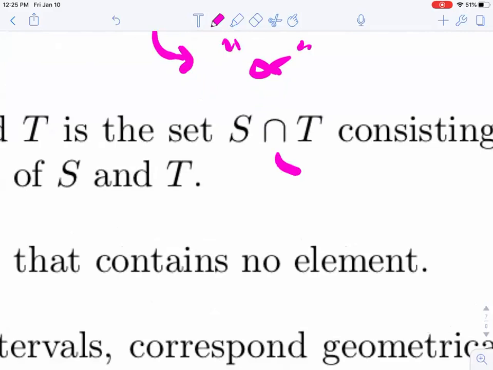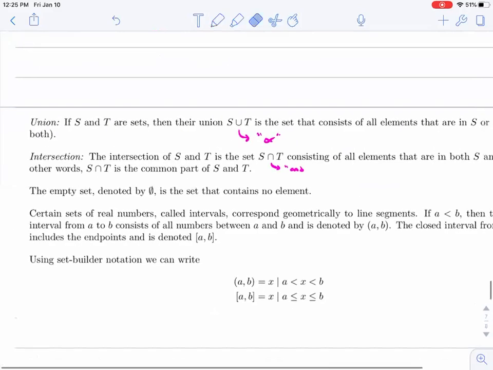You can read that intersection as "and," S and T. Probably the easiest way to think about it is a Venn diagram. Do you guys remember Venn diagrams?